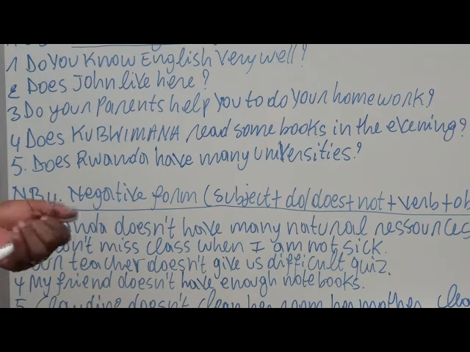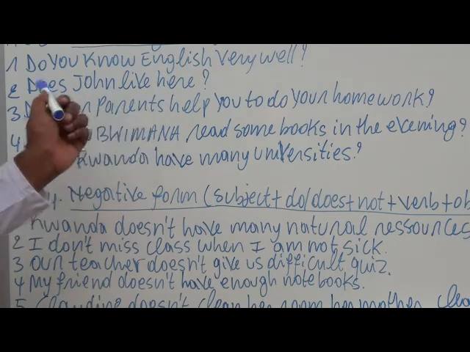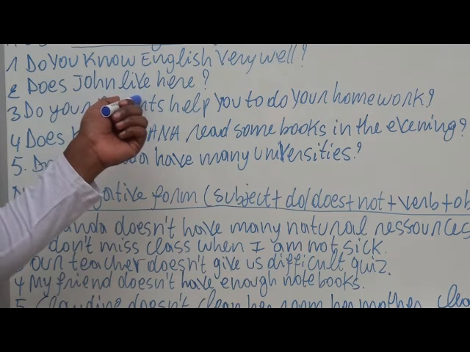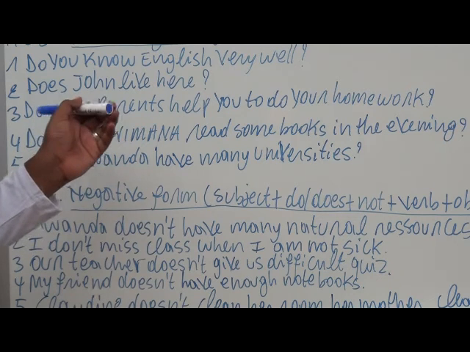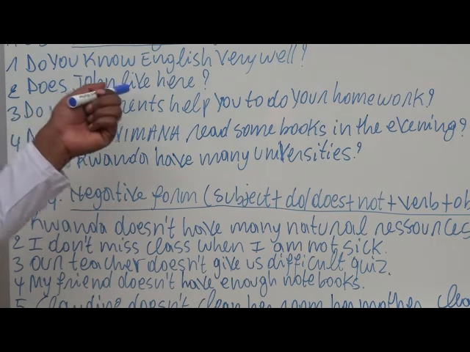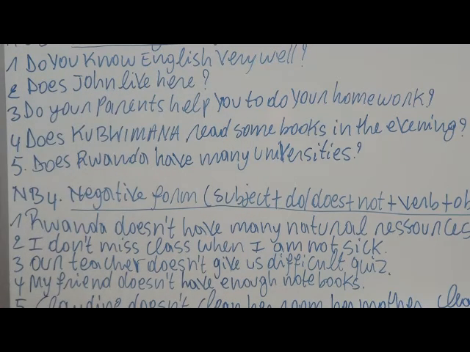So it would be ungrammatical to say, does John lives here? If we add the s here, it's not correct. If it's third person of singular, the es should be added on do, but on the main verb, don't add anything. Does John live here? If we give an answer, we'll say, yes, he lives here, or no, he doesn't live here.